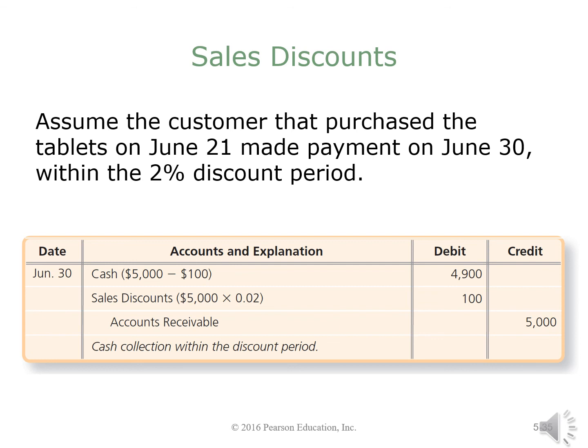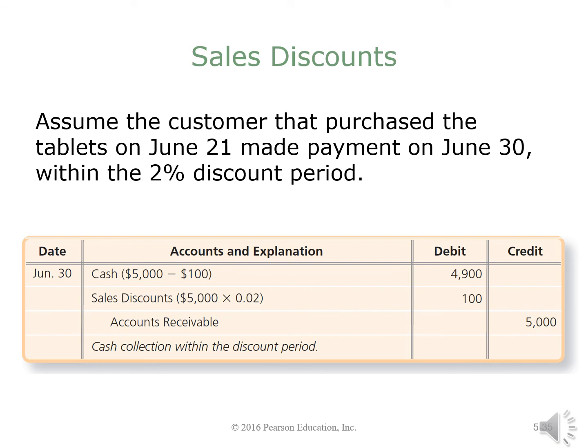The $5,000 for accounts receivable, that's the amount that we originally posted into accounts receivable as due to us from this customer. We need to make sure that that entire $5,000 is reduced out of accounts receivable, showing that it is no longer owed to us. So we're going to credit the full $5,000 to accounts receivable.